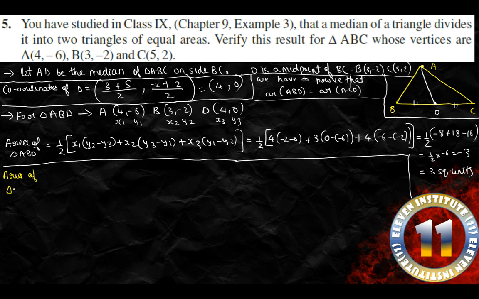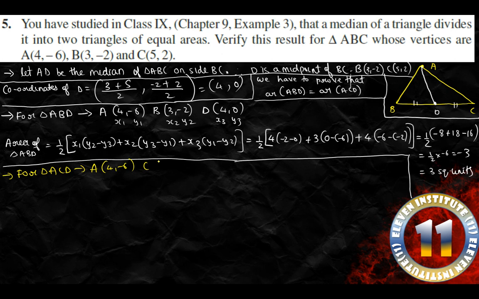So let us find area of triangle ACD. So again we have half. Formula તો અહીંયા છે જ, પણ પહેલા તો ACD માટે આપણે coordinates લખી લઈએ. Right? So we will write over here first. For triangle ACD, we have A as 4, minus 6.